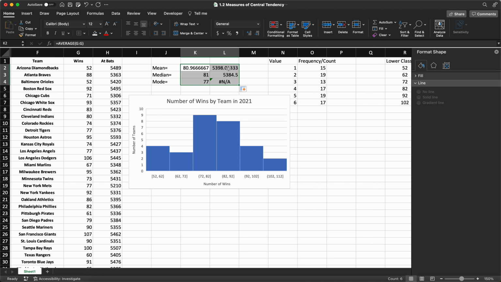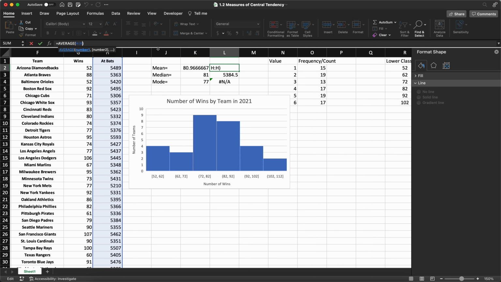And so now I am finding the mean and the median for column H. So that's the mean for column H and the median for column H and the mode for column H.